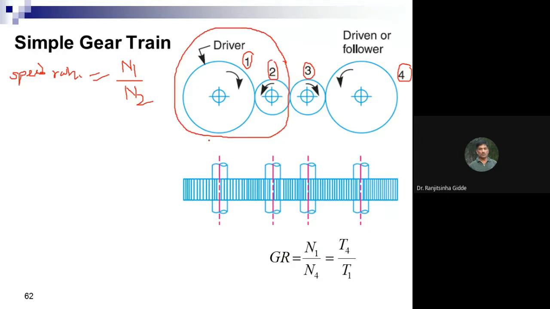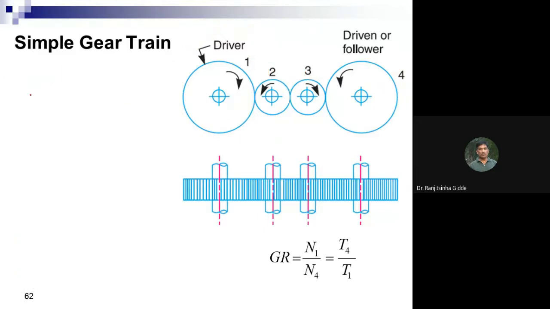If we consider this combination, then this one is the driver and this is the driven. So I will write separately. So gear number 1, this is gear number 2. It is rotating in clockwise direction, and this one is rotating in anti-clockwise direction.